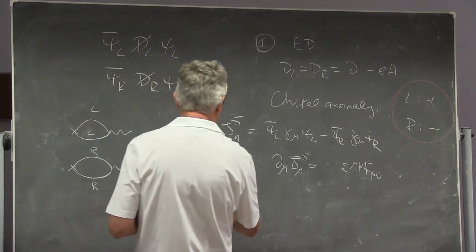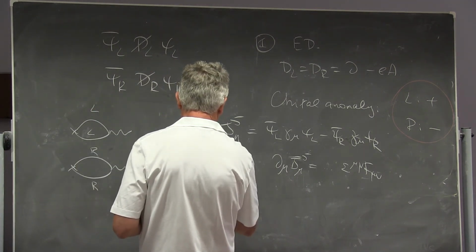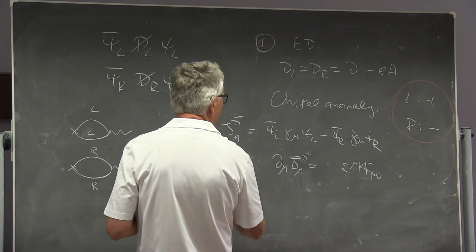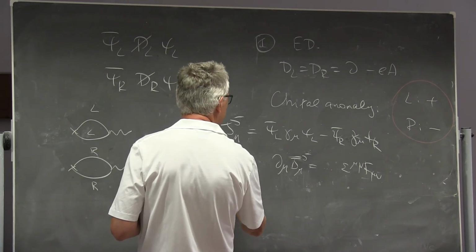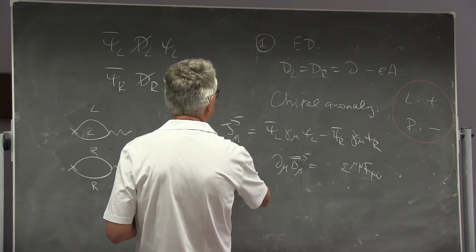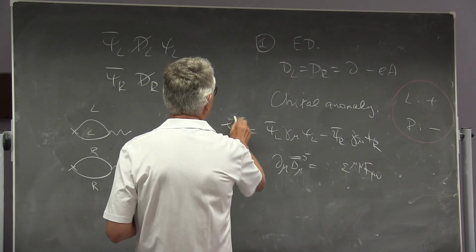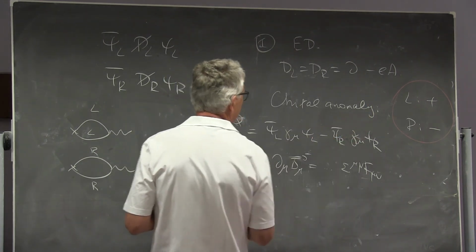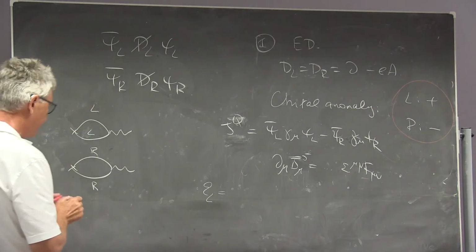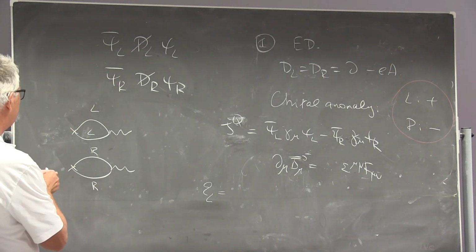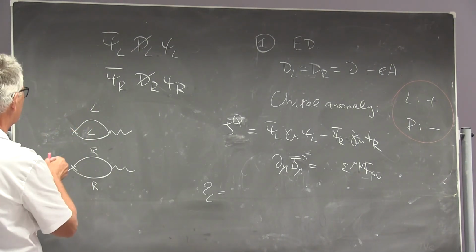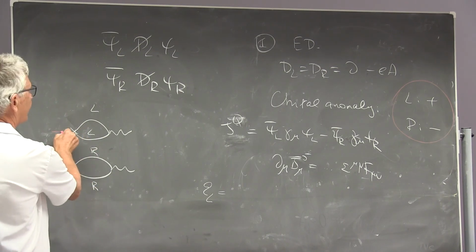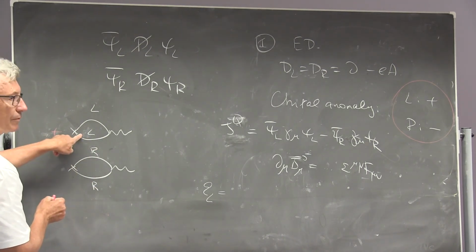Then the electric current is given by this formula. For left, you have a plus sign at this vertex.